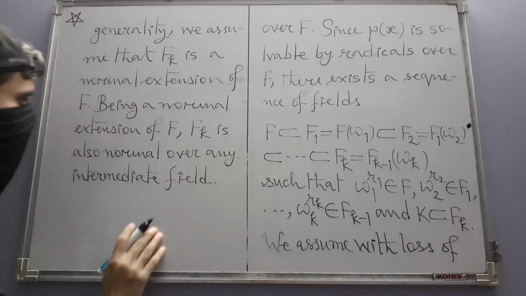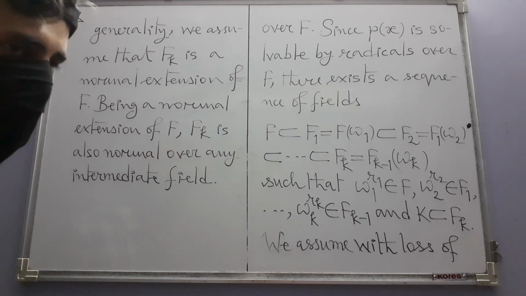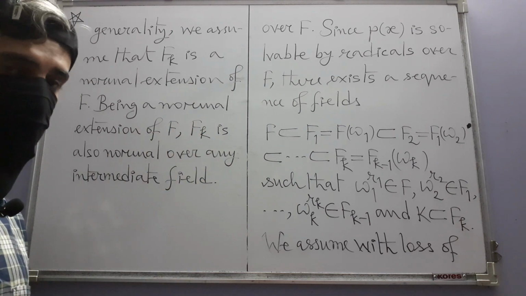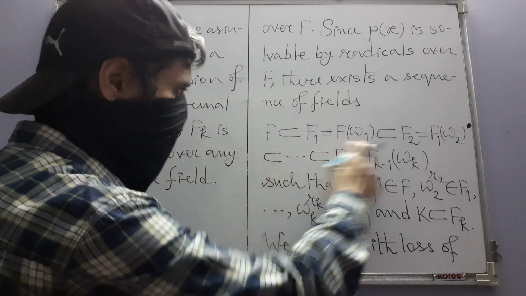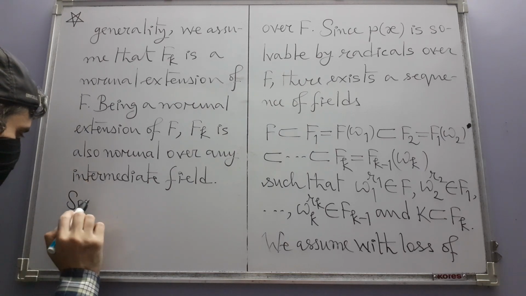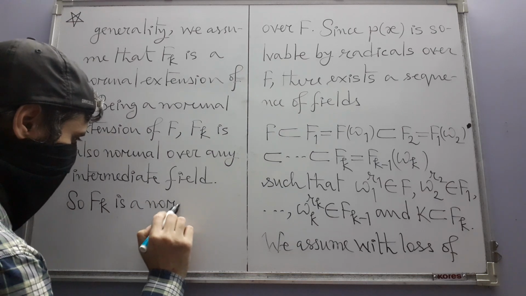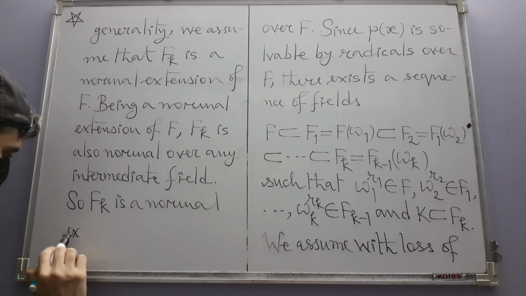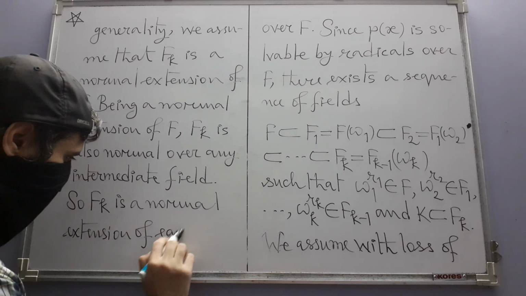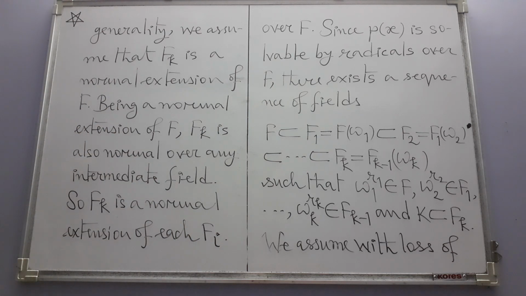That is, if you have some field which is a subfield of Fk and is itself an extension of F, then Fk will be a normal extension of that intermediate field as well. In particular, for all these Fi's, Fk is a normal extension. So Fk is a normal extension of each Fi in this sequence. All right.